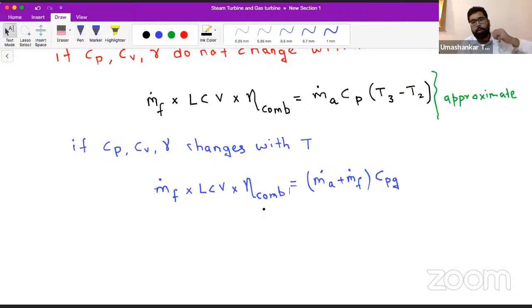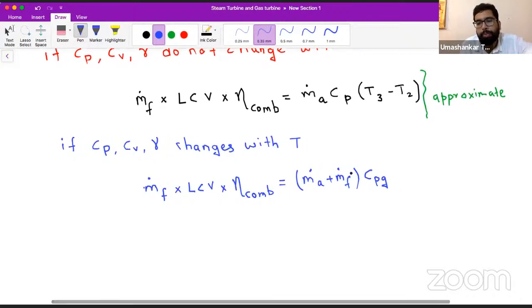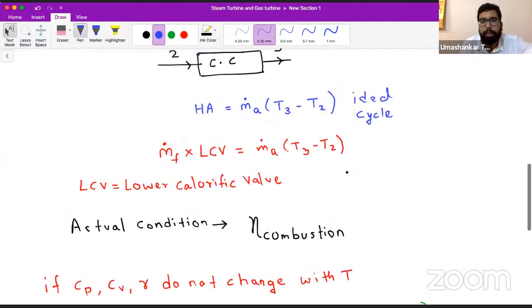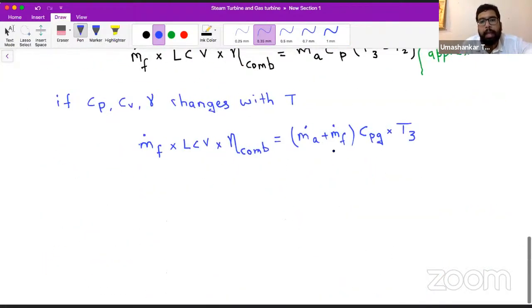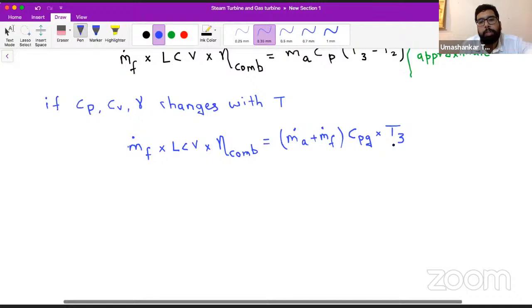So m dot A plus m dot F, CPG, into T3. So why am I doing this? See here. If Cp and gamma change, the specific heat at constant pressure at this state 3 we represent by CPG. So we are writing m dot A plus m dot F, CPG, into T3.